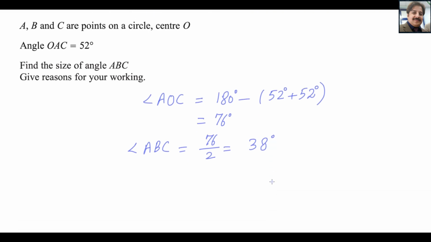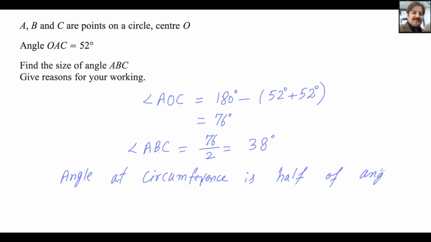And here you can write the reason: angle at circumference is half of the central angle. Directly you can write here central angle, then half of the central angle.